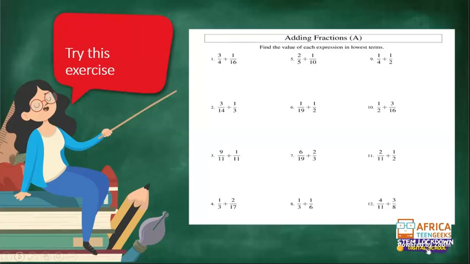Right, can we look at number 6? It's similar to number 4 and number 2. First find the lowest common multiple, and then you'll be able to add. All right, I see JD says 4 over 38.